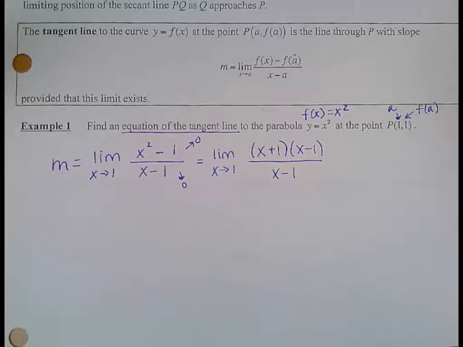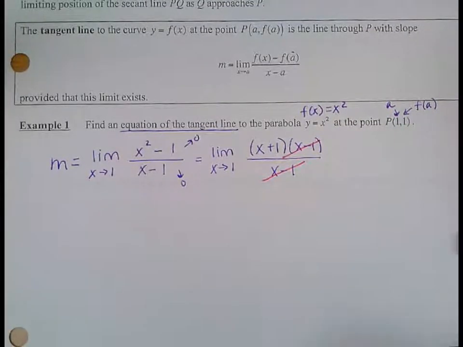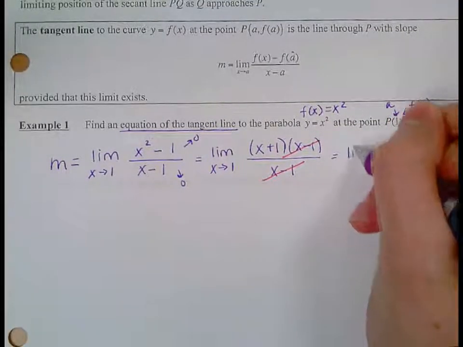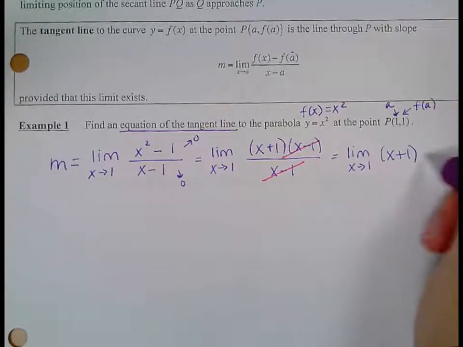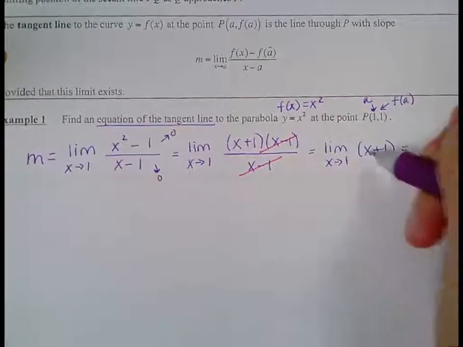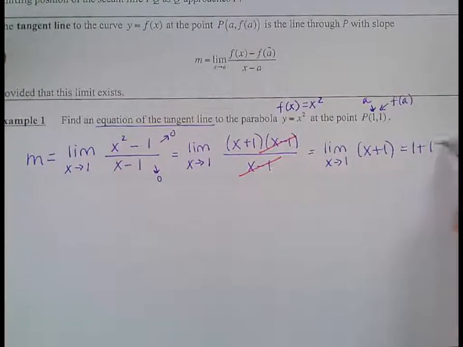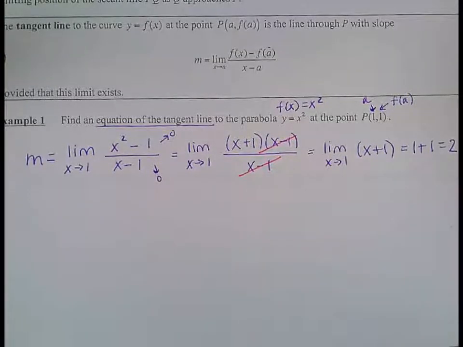And then, yes, the x minus 1s cancel out. So you just have the limit as x approaches 1 of x plus 1, and now I can use direct substitution again to get 1 plus 1, which is 2. So the slope of my tangent line is 2.